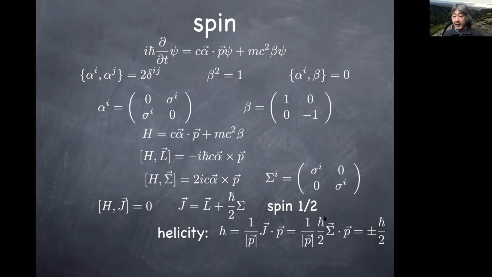So if you choose the spin quantization axis to be along the direction of the momentum of the particle, that is a good quantum number because it's made up of J that commutes with the Hamiltonian. P also commutes with the Hamiltonian because there's no X in it. So this helicity J dot P commutes with the Hamiltonian. Therefore, it's conserved.